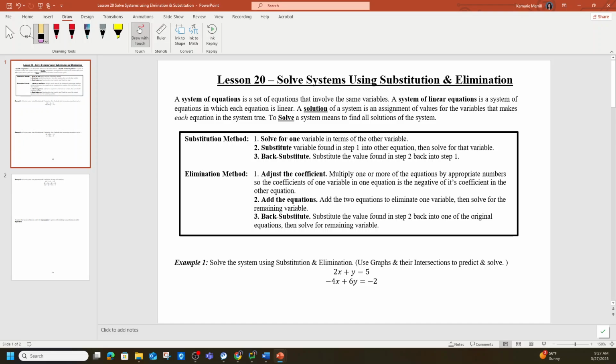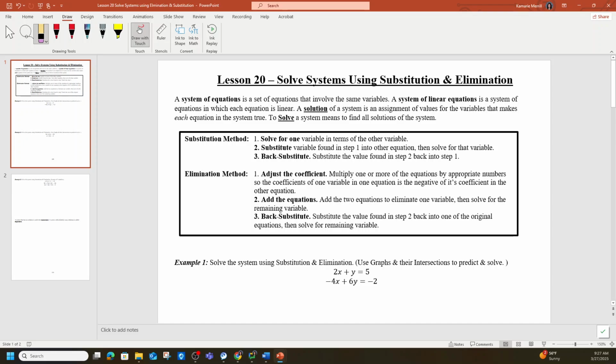Then you're able to solve for x in the one you just substituted into. You take it, and it's called back substituting: you back substitute into the first equation that you found in step 1. And don't forget to write your answers as ordered pairs, because these are technically solutions to the system. What is true for this line and true for this line is an intersection, and so it's an ordered pair.